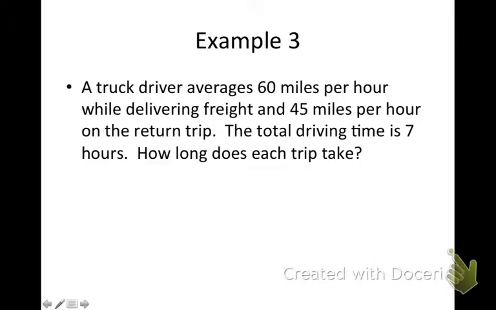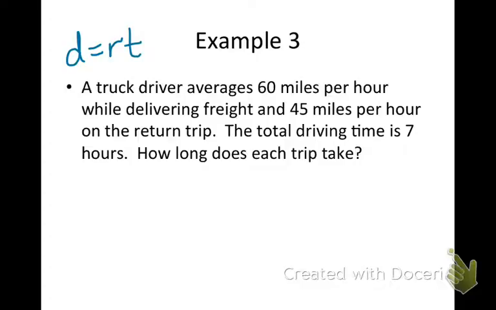And finally, example 3. A truck driver averages 60 miles per hour while delivering freight and 45 miles per hour on the return trip. The total driving time is 7 hours. So let's think about this. We're going to be starting with the formula distance is equal to rate times time.